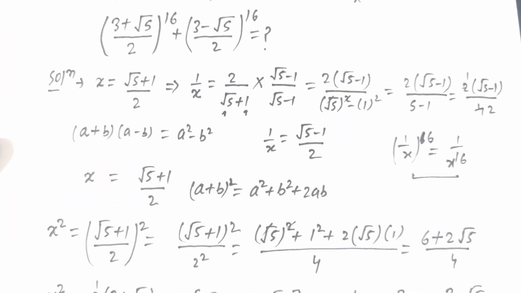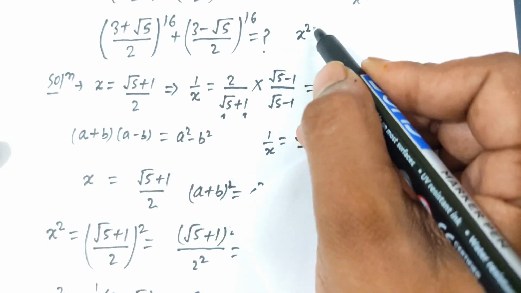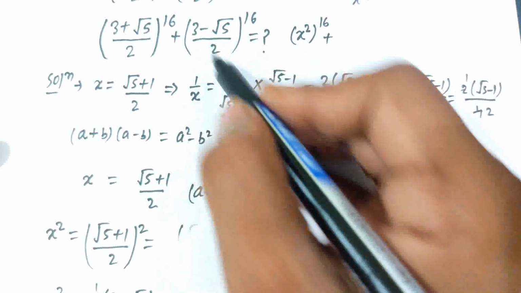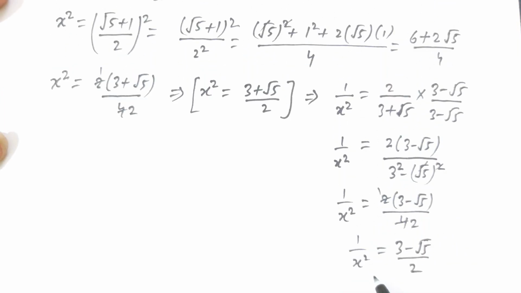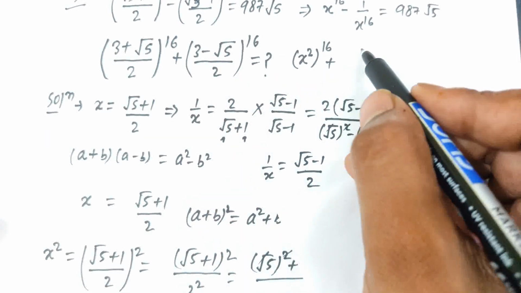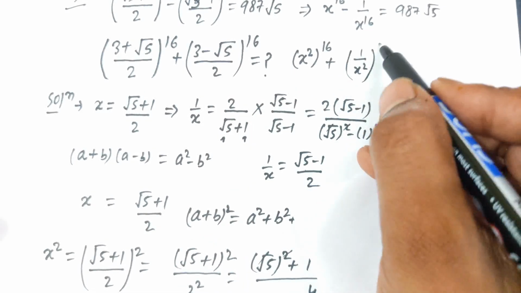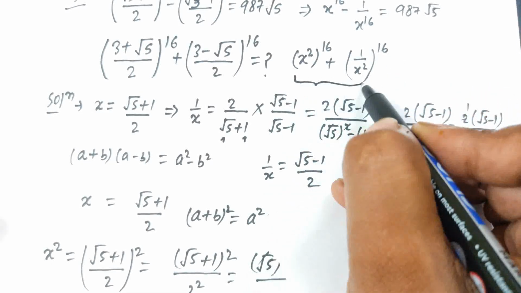Now this number is (x square) to the power 16 plus this number, (3 minus square root of 5) divided by 2, which is 1 by x square, and this expression is (1 by x square) to the power 16. Now we will find the value of this expression.